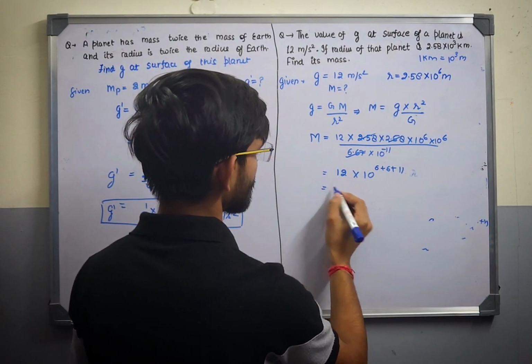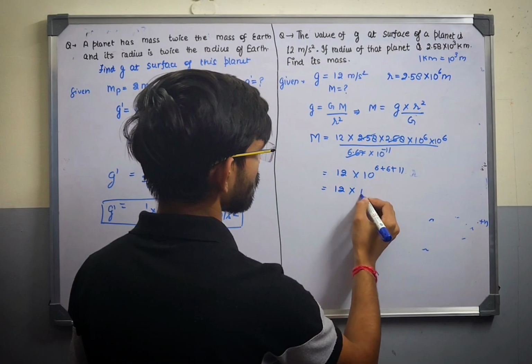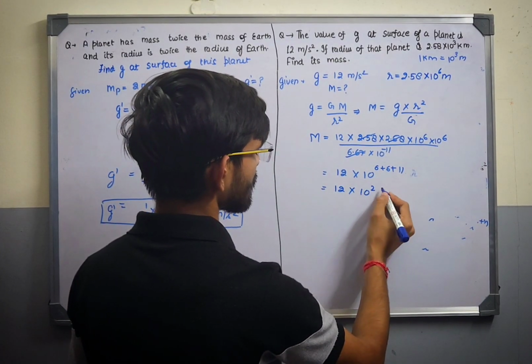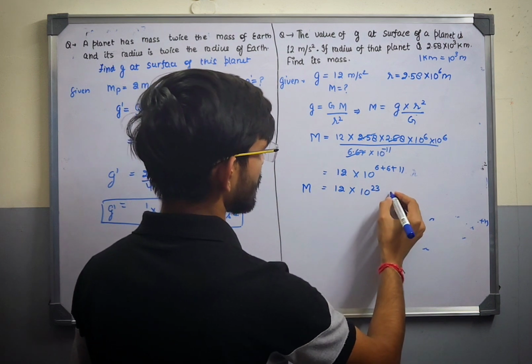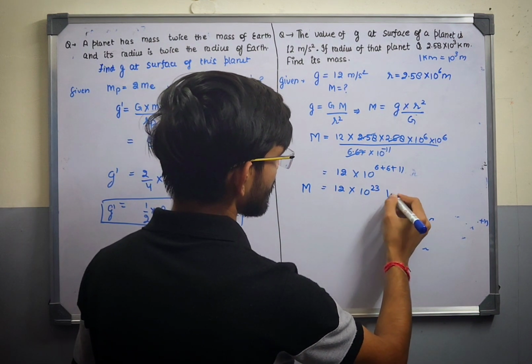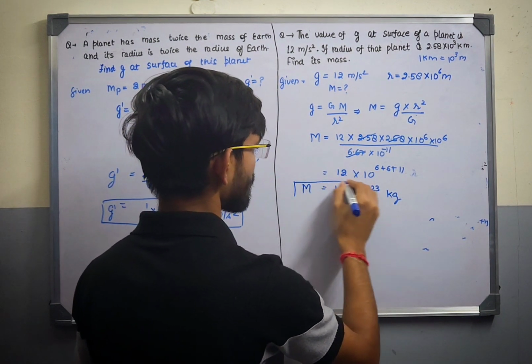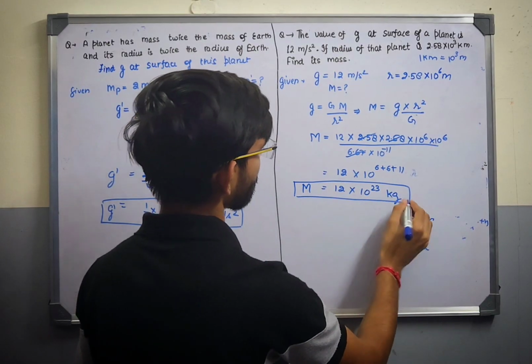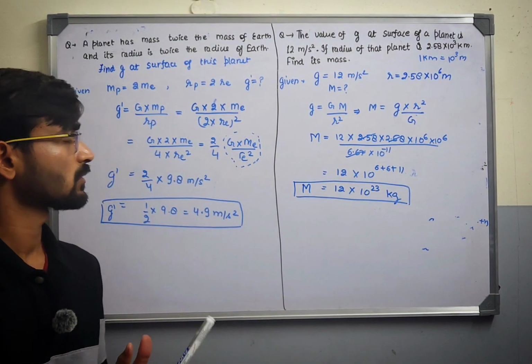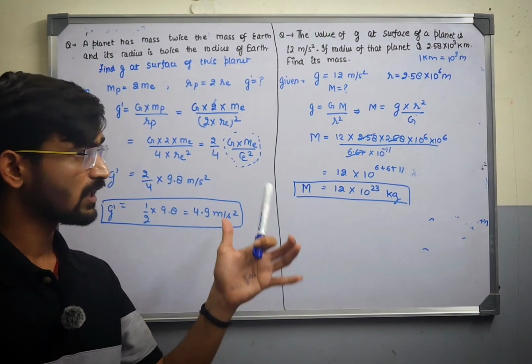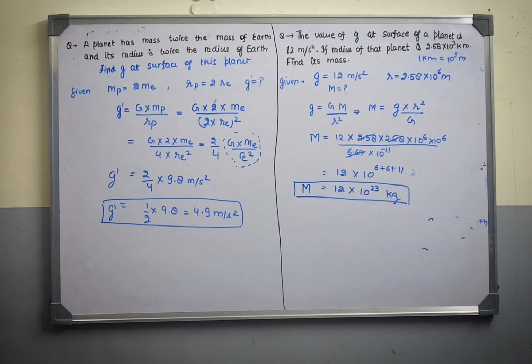So this is 12 into 10 raised to power 6 plus 6 plus 11, which is 23. So the mass of that planet is 12 into 10 power 23 kg. These are very easy questions. Just put the values in formulas, nothing else.